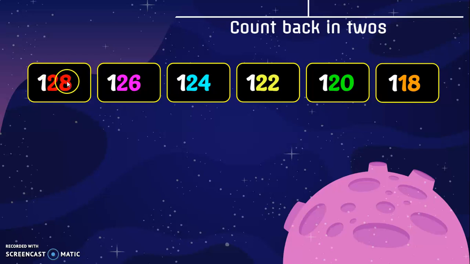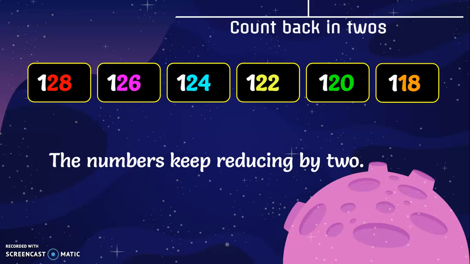And the first number is larger than the upcoming numbers, or as we said just now, the upcoming numbers will become smaller than the first number. Thus, this number sequence is counting back in twos, and the numbers keep reducing by 2.